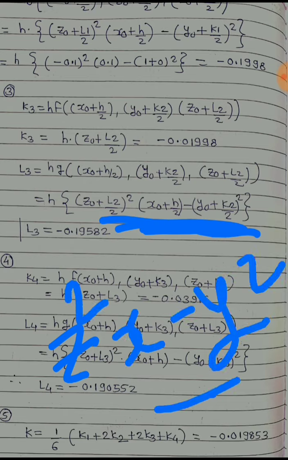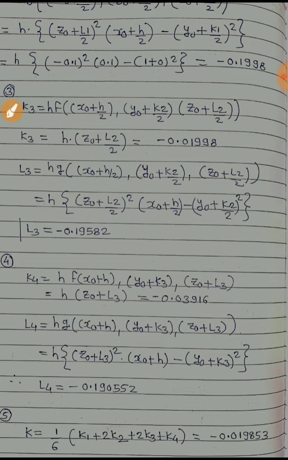This is the equation, the value of z square x and y square. So instead of x, y and z, we are using z0 plus L2 by 2 for z, x0 plus h by 2 for x, and y0 plus k2 by 2 for y. So if we put all these values z0, L2, x0, h, y0, k2, we'll get L3 is equal to this much.